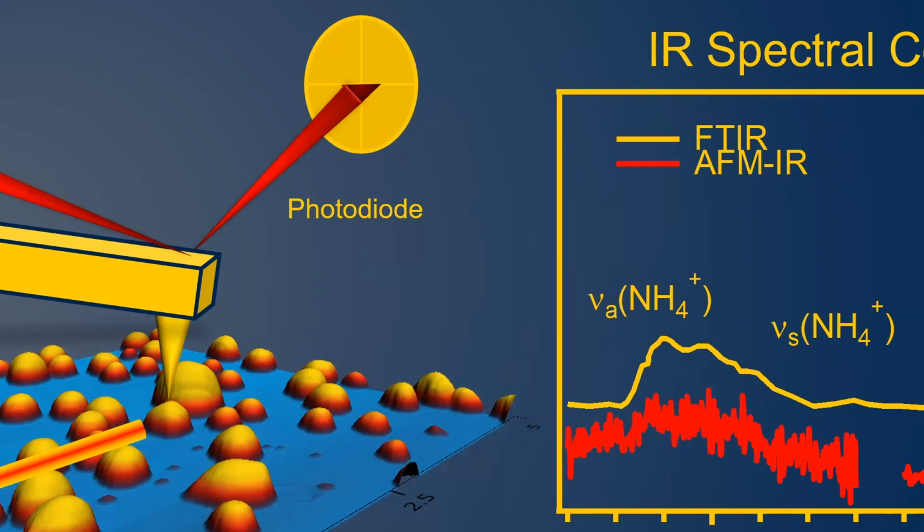You can see her in the upper right corner. And she was able to look at particles on a silicon wafer, which is the image you're seeing here in the middle. And she was able to collect infrared spectra that had peaks in the same positions over here on the right side for ammonium and sulfate, for an ammonium sulfate aerosol particle that we collected on the substrate.